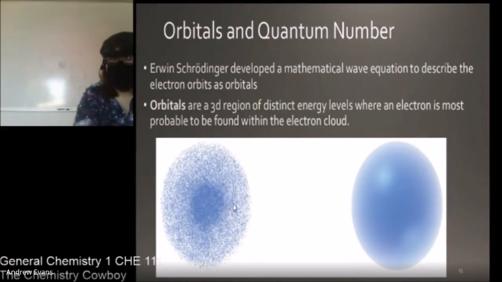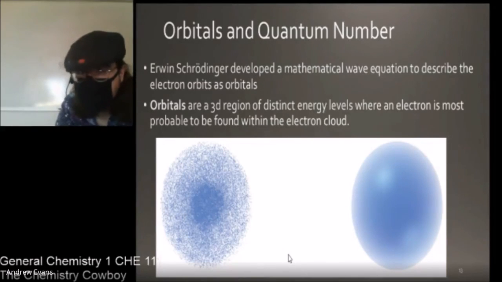The higher density is where they are more often than not, and some of these further out regions are less likely. When we put all these together, we get this orbital, this three-dimensional region of discrete energy level where we can say the electron is most probably located. This is where the electron is located in this electron cloud.